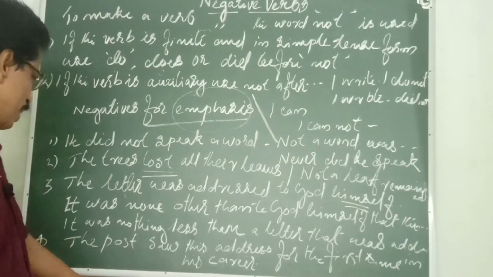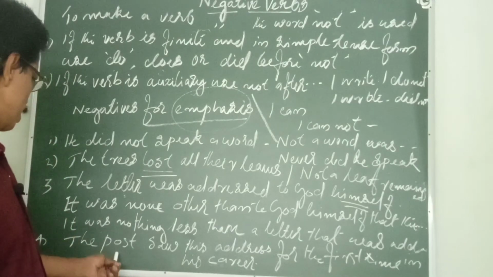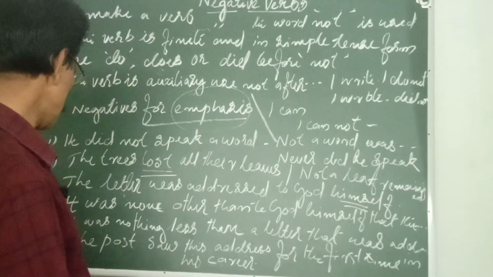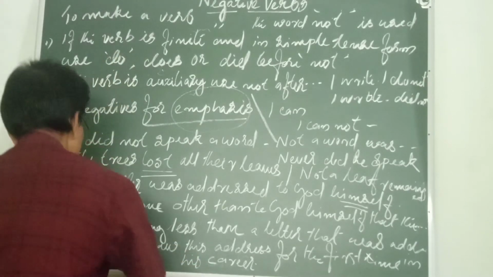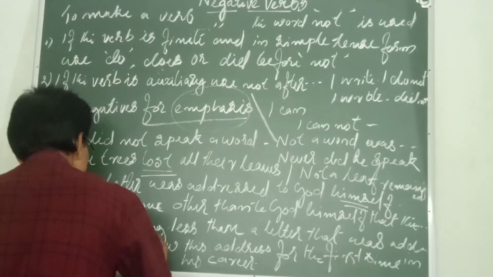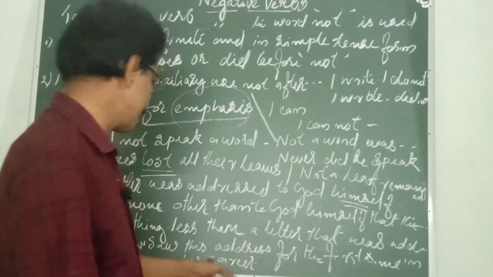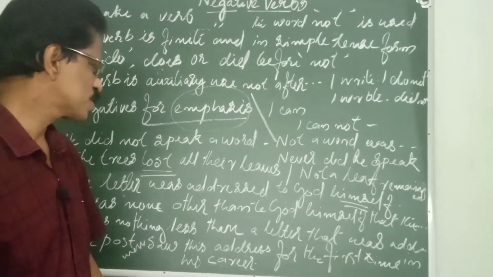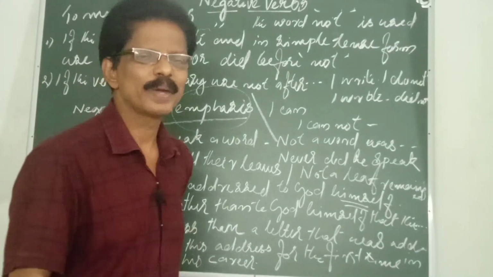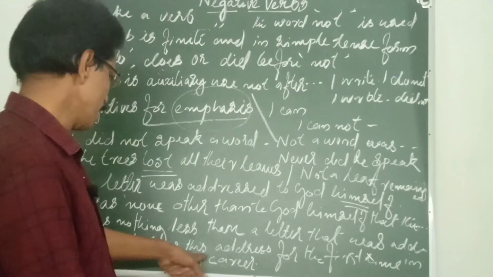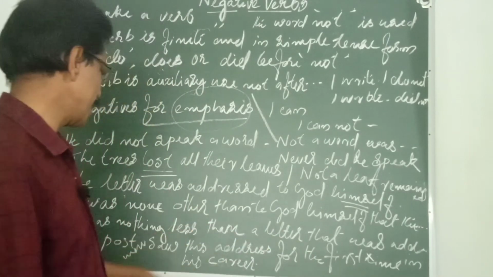The postman. So this address, for the first time in his career, the postman saw this address. Letter to God from the lesson. For the first time in his career.